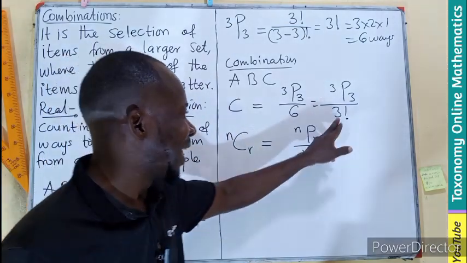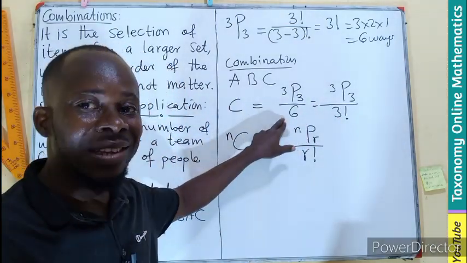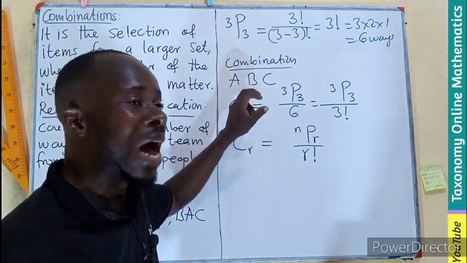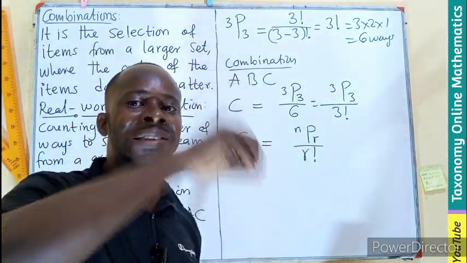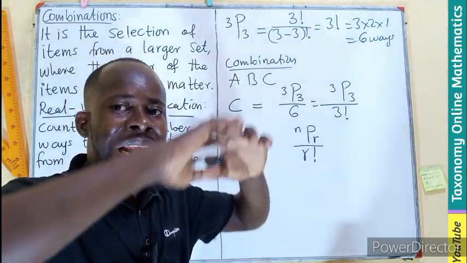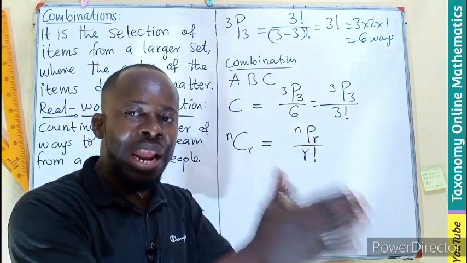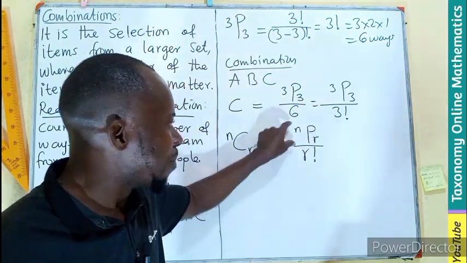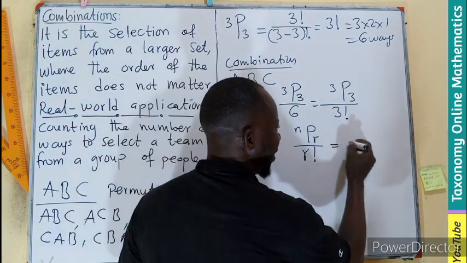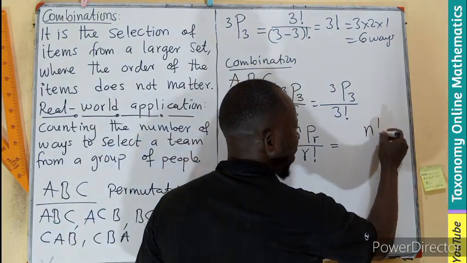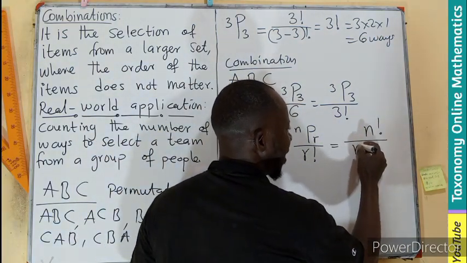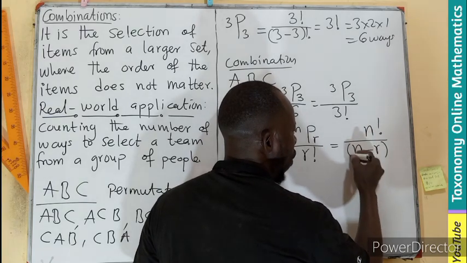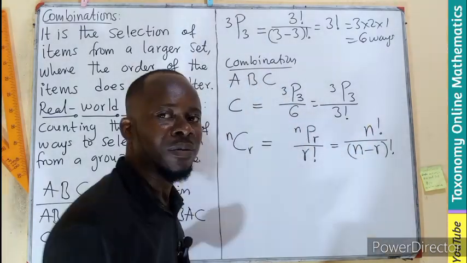Remember, I mentioned that the 3 factorial, which is the 6, is referring to the number of items I am selecting at a time, not the larger set of numbers available to me. So we can expand the permutation as n factorial divided by n minus r all factorial. That is what we have.